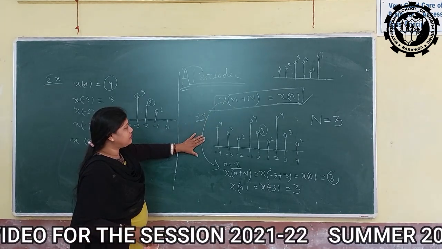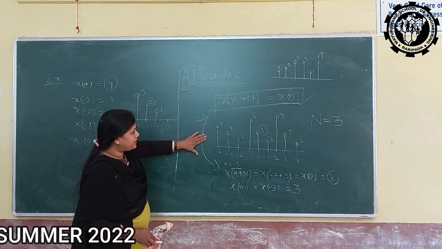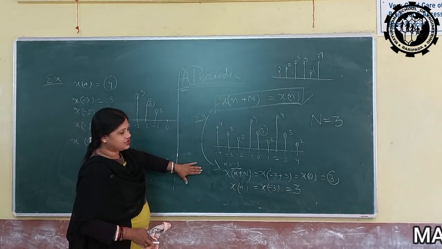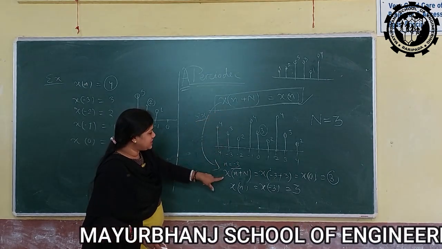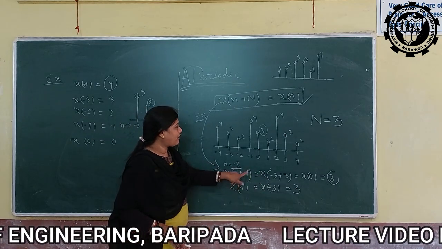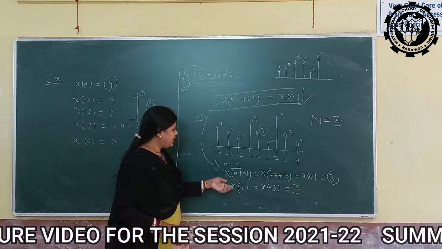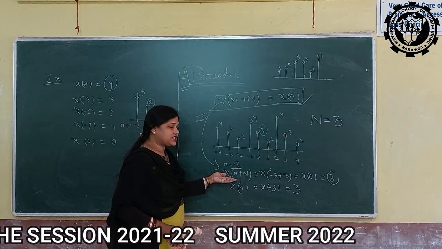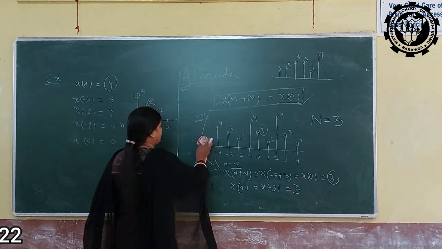In the example, we are satisfying this condition where we take n equal to minus 3 and capital N is equal to 3. So its value is x of 0, and we check that the value of x of n plus N and x of n is 3.